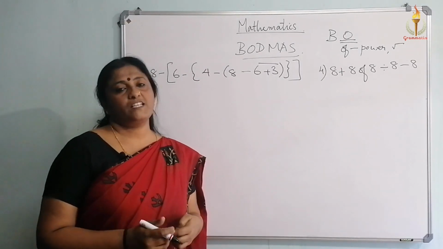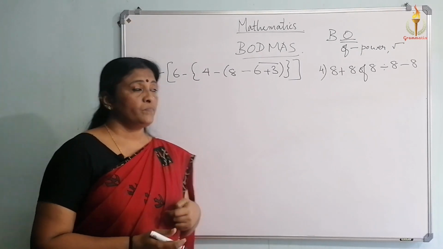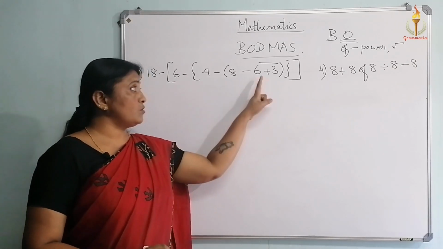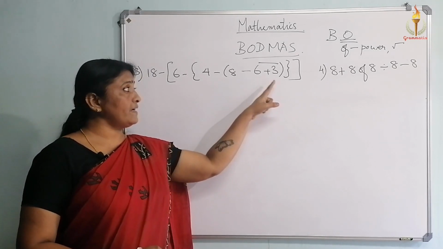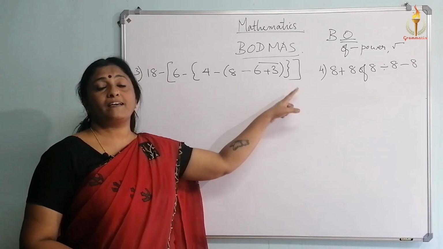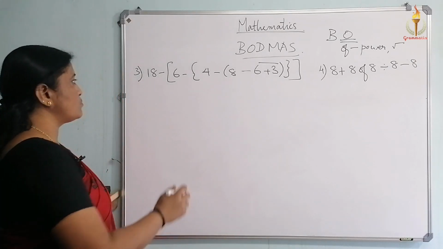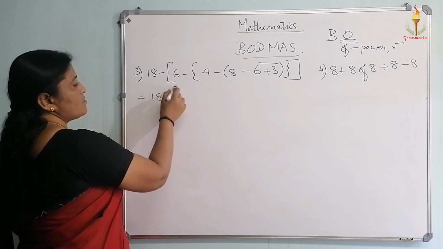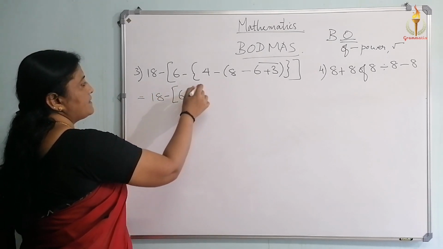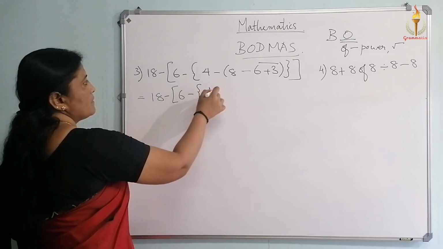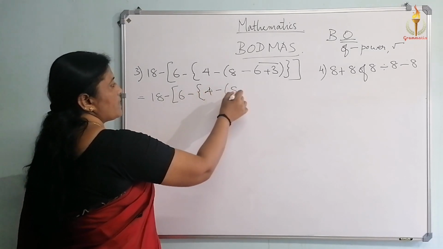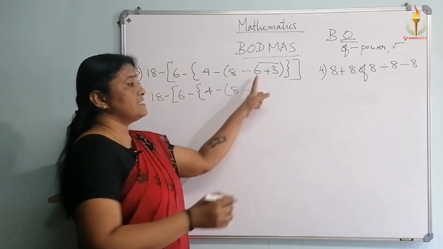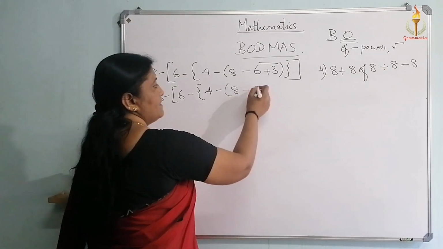So moving on to your next two questions that are on the board. So here all the brackets are involved. That's your bar bracket, then parenthesis, then curly brackets, and then square brackets. So first you will be going with the innermost bracket. So you just write the rest of them as it is. Your innermost bracket is the bar. So 8 minus 6 plus 3 is 9, that we solve.